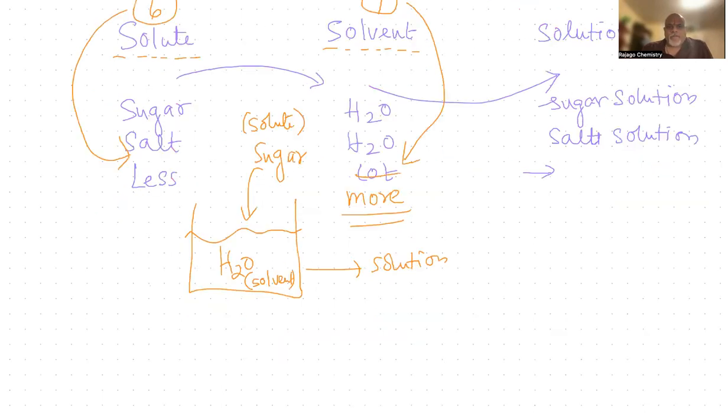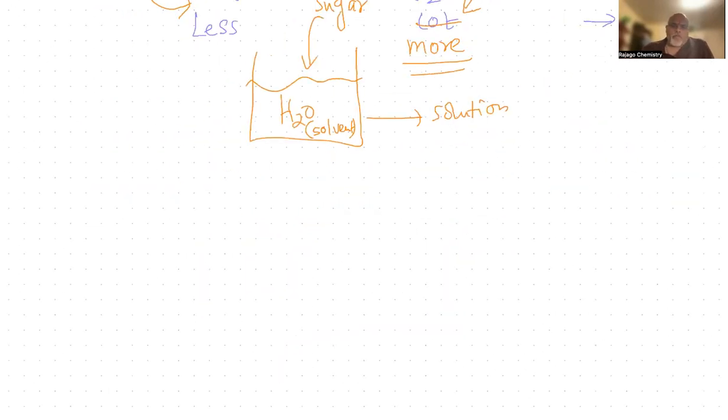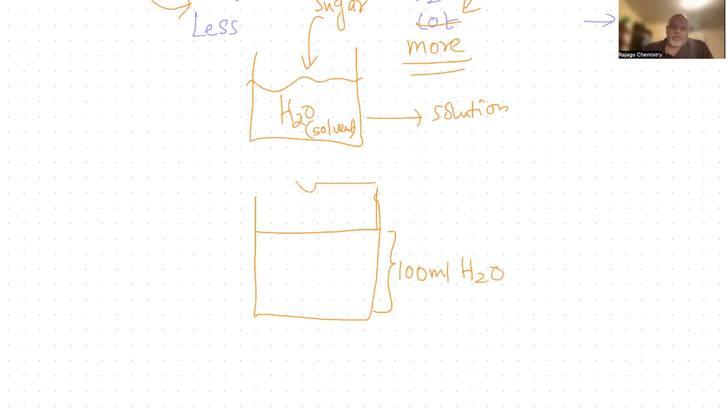In this process, how much sugar can you add in a certain amount of volume? Let's say we have 100 ml of water. We try to add the first scoop. It goes in. Then you add the second scoop. It goes in. You add the third scoop. It goes in. You add the fourth scoop. It goes in.